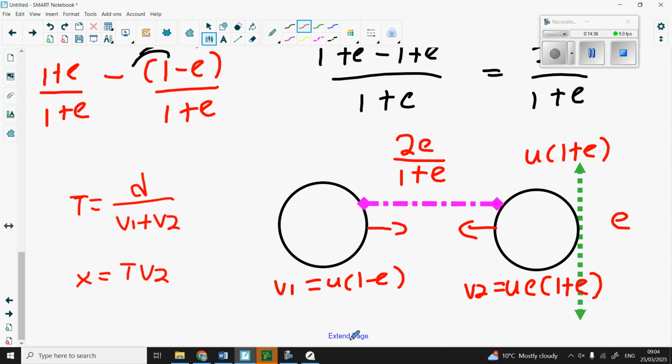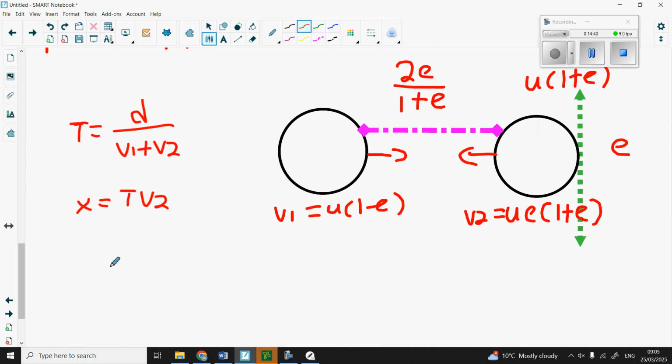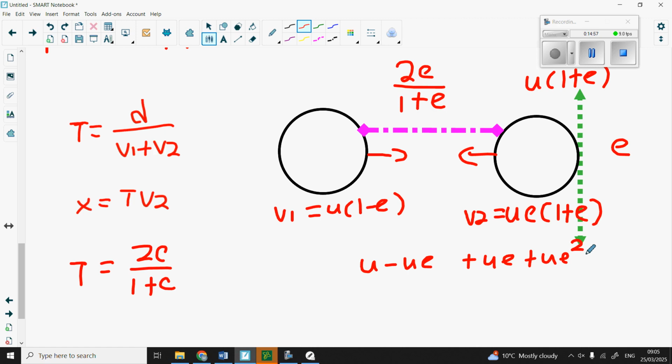Now, here we go. Let's automate this. What's the d value? Yeah, 2E over 1 plus E. Now, I'm going to add v1 and v2 together. So it's going to be u minus ue, and then plus ue plus ue squared. Is that right? They cancel, don't they?